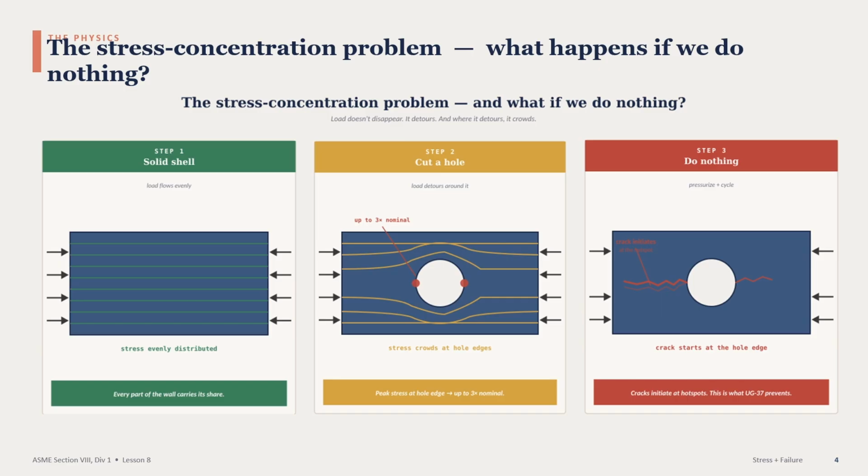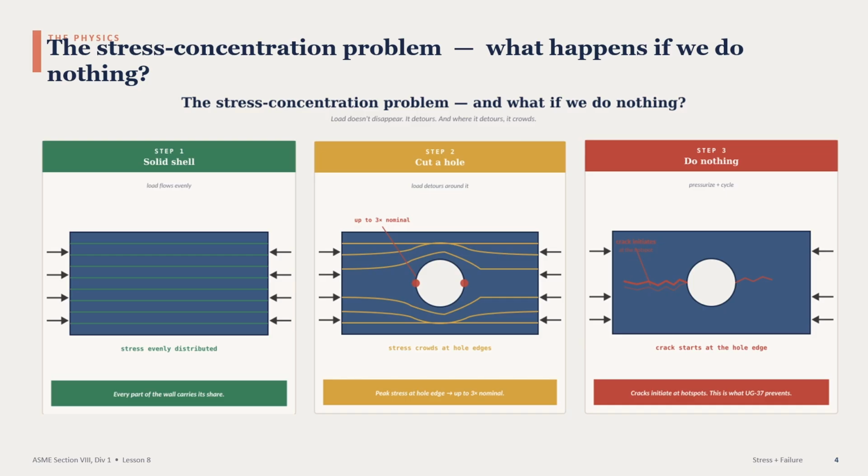And here is what happens if we do nothing about that. Under sustained pressure, or worse, under cyclic pressure, startup, shutdown, pressure swings during operation, those hot spots become crack initiation sites. Fatigue cracks start right where the stress is highest, and they grow outward from the hole edge, following the stress concentration.